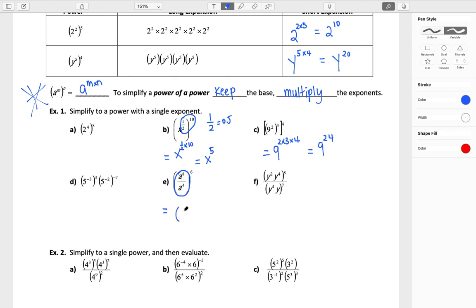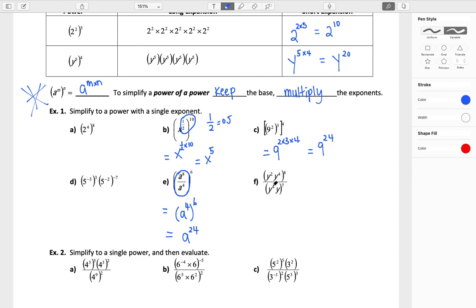So it becomes a to the 8 minus 4, which is a to the 4, then to the 6. And then you multiply. A to the 4 times 6 is 24. So do the BEDMAS where you do the brackets first, simplify, and then you do the exponent.